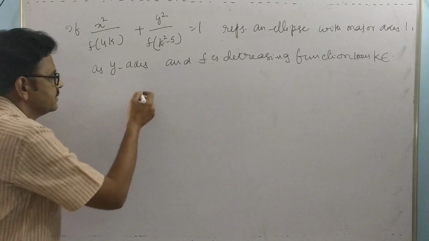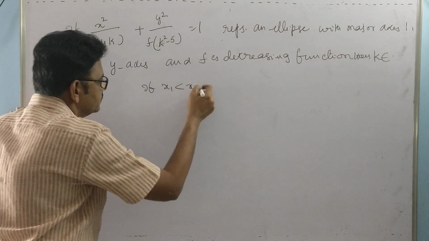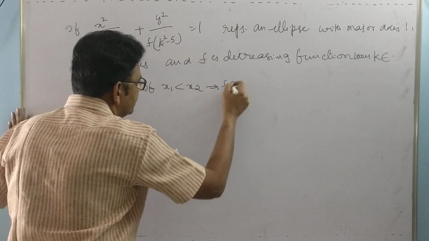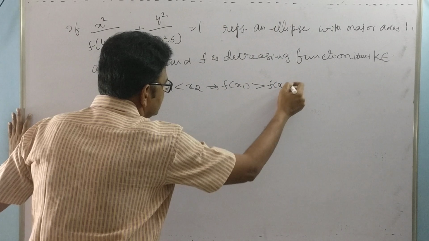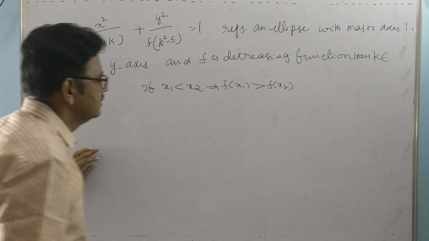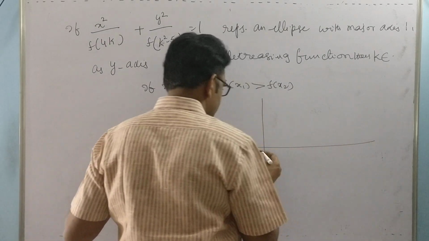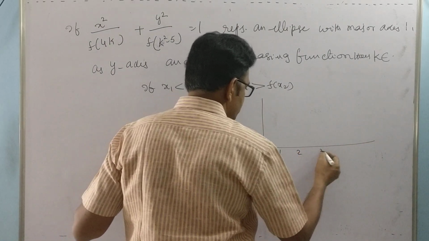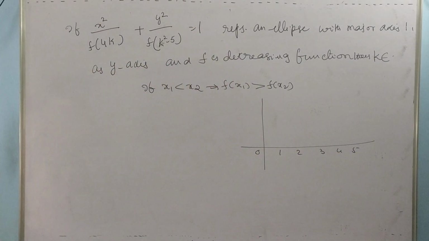What is a decreasing function? If x1 is less than x2 implies f of x1 is greater than f of x2, then it is called a decreasing function. Let it be 0, 1, 2, 3, 4, 5.